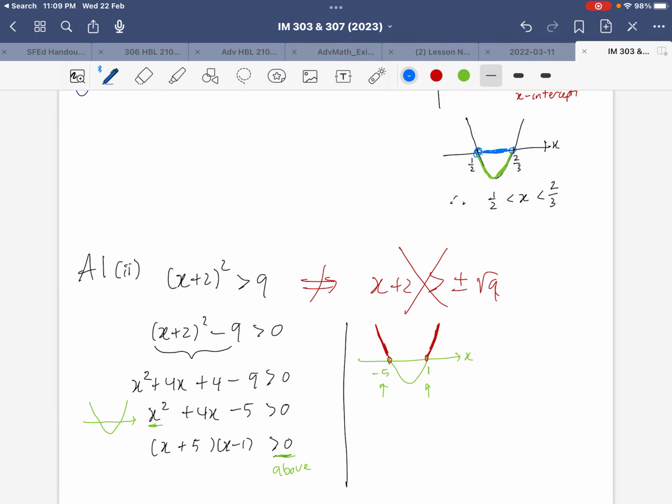The x is very easy. You just look at this corresponding region, and then here, right? So that's the x correspond to all the values of y that we shade in red. Okay, so the solution will be x less than negative 5 or x bigger than 1. Got it? So that's the step of solving quadratic inequalities.